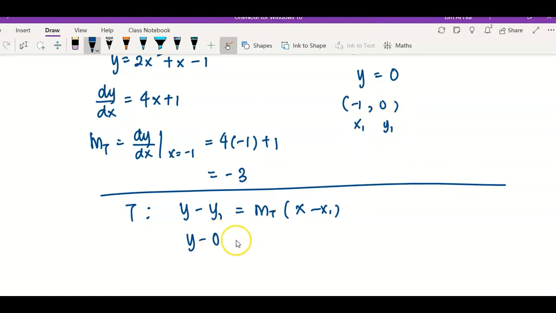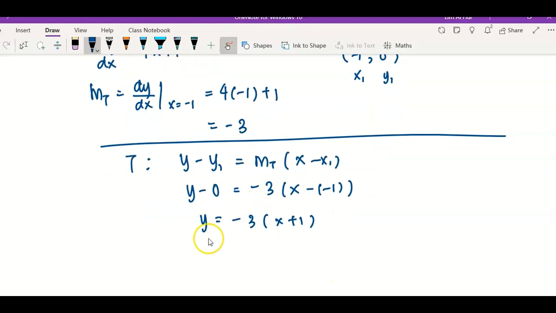Substitute y1 as 0, and the mT you already got as -3. x minus x1 is x minus -1. You get y equals -3 times x plus 1. And when you expand, you will have the gradient form of the straight line equation, which is y equals -3x minus 3. This is the equation of the tangent.